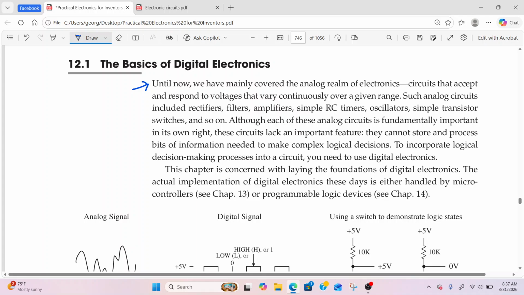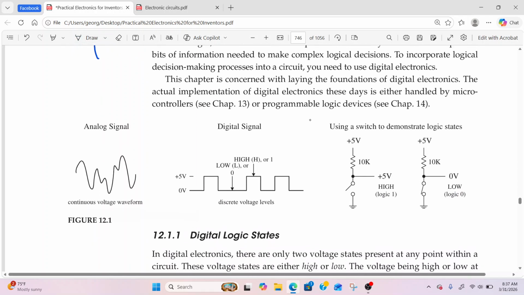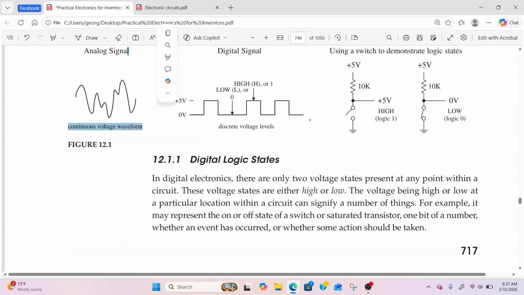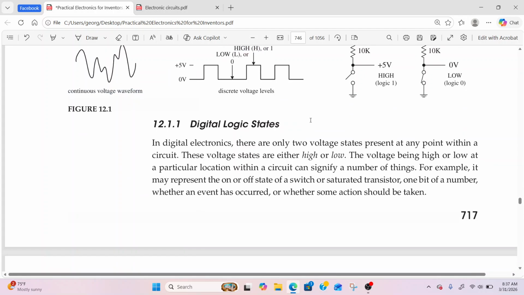All right, so let's continue from here. In digital electronics, there are only two voltage states present at any given point within a circuit. These voltage states are either high or low.